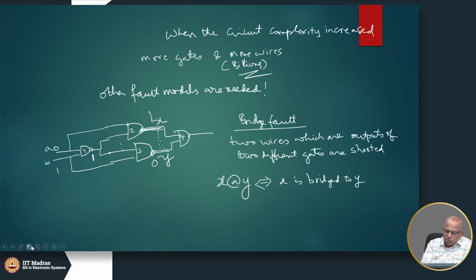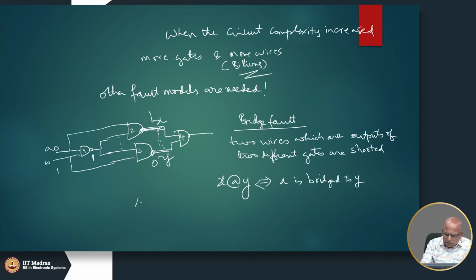And we don't know who will win. That depends on the relative strengths of the transistors used in the two gates. So it's possible that X will win the race and they will both become 1, or it could be that Y will win the race and both of them will become 0. So that is what is called a bridge fault.